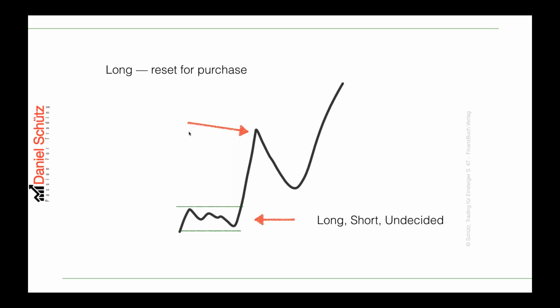That's here. So the long traders, they hope for a reset for purchase. They see they are already on the right side of the market, and they hope the market comes back so they can get in cheap with another position. The short traders hope that the market will come back so they can get out of that position at a good price.